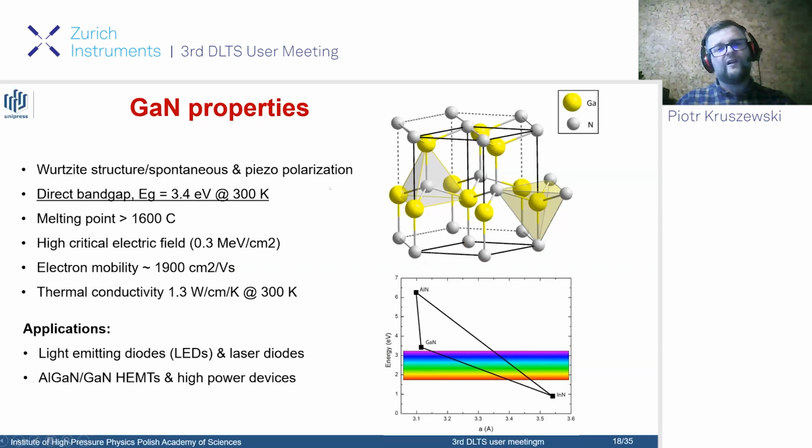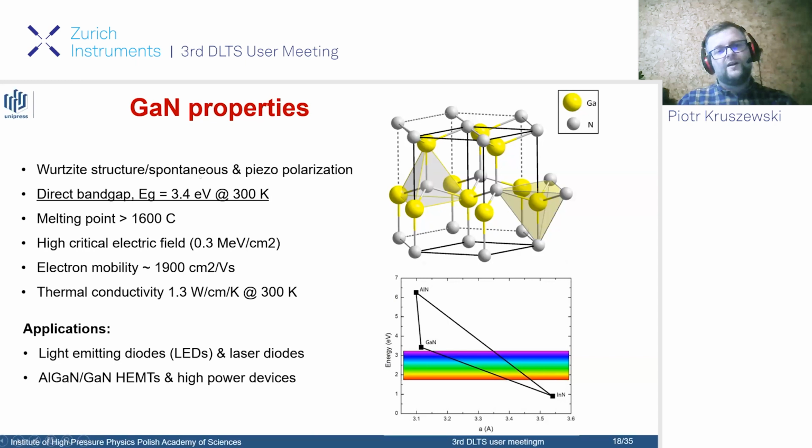We are working with gallium nitride, which has a wurtzite structure, and with this there are related interesting effects like spontaneous polarization or piezo polarization. This is very important in nitrides.